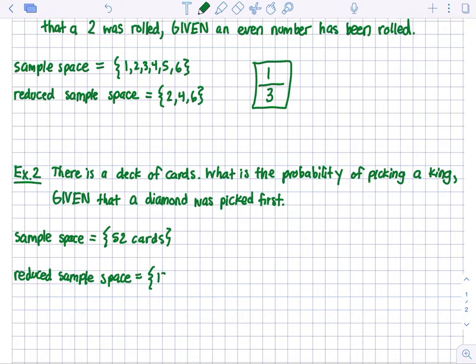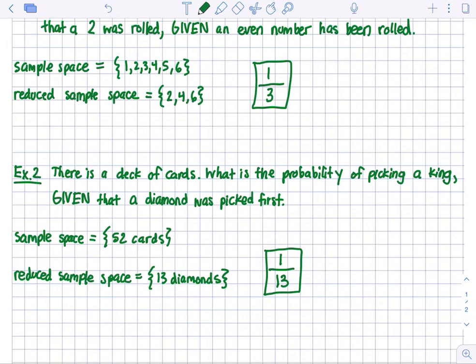There are 13 diamonds in a deck of cards. So since it says given that a diamond was picked first, it has to be out of 13 now. Now, what's the probability of picking a king? There's only 1 king in each suit, so there's only 1 king of diamonds, so it's just 1 out of 13.